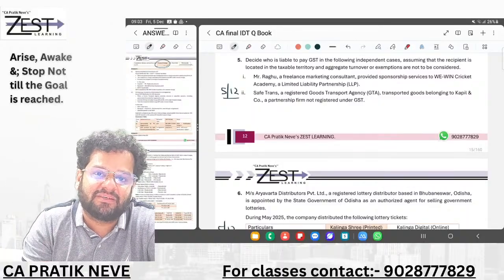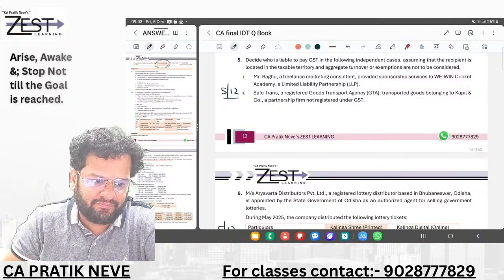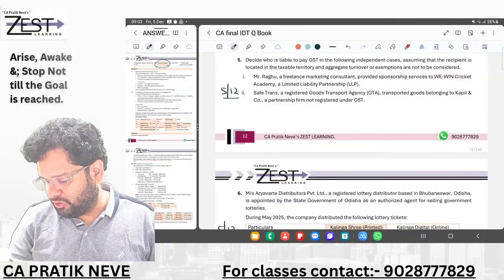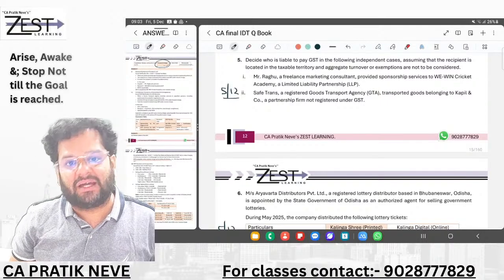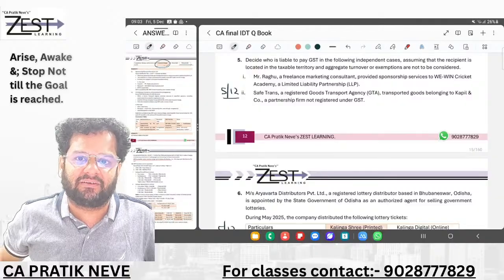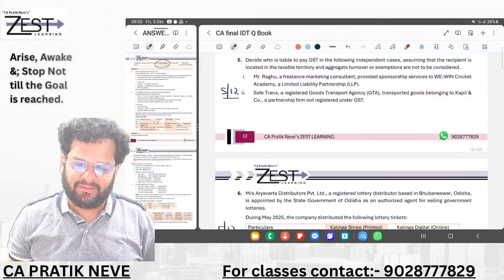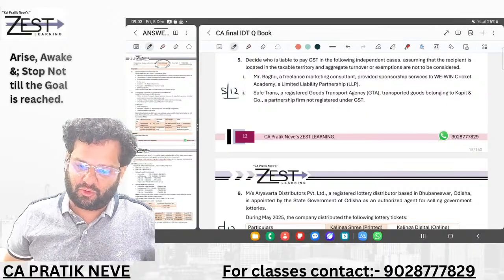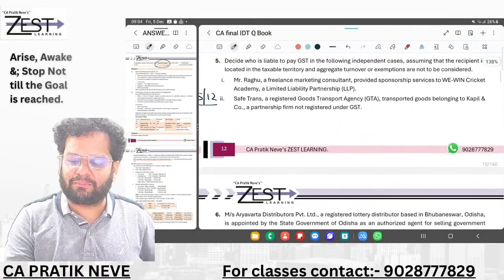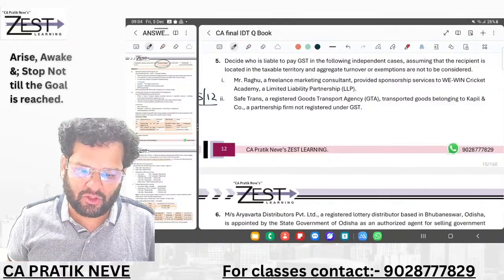In such cases, the supplier is exempted from registration. Clear? That's why we can't say that it is compulsory for the author to register just because the aggregate turnover exceeds 20 lakhs. Section 23, read with the notification, allows him exemption from registration, because he is exclusively engaged in the supply of such services which are taxable on RCM basis. Got it, no?